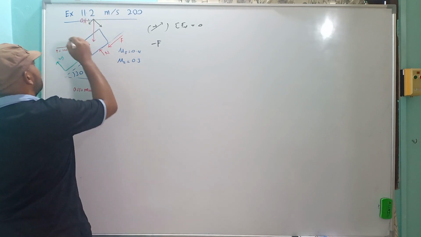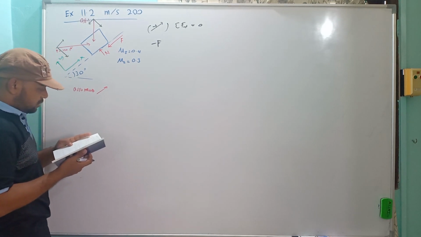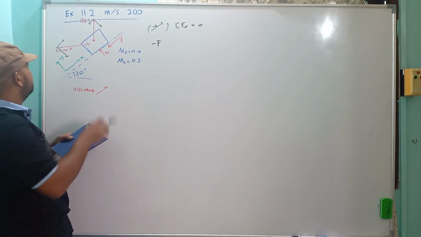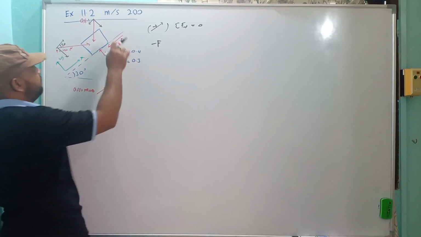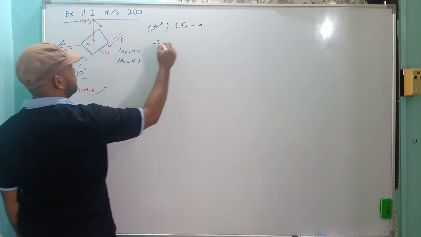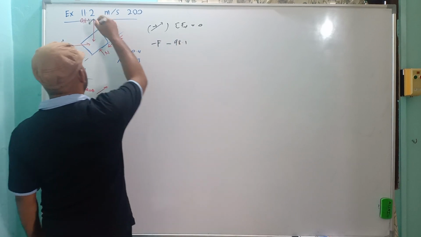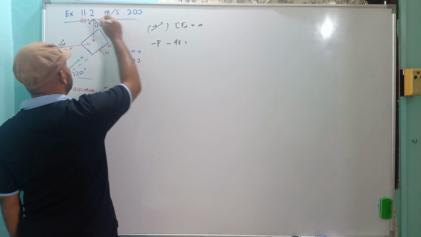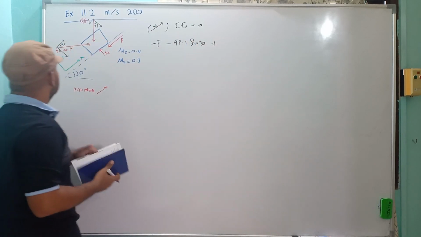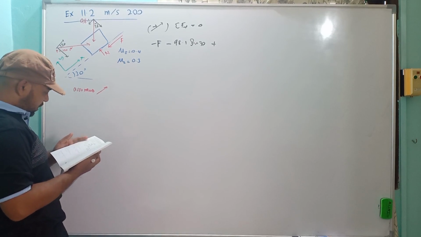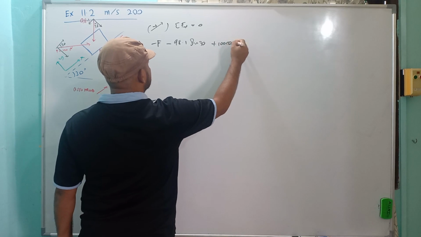We have the 30 degrees, so here will also be 30 degrees. Okay, so F minus 98.1 sine 30 plus, okay, to the top, so we have 100 cos 30.